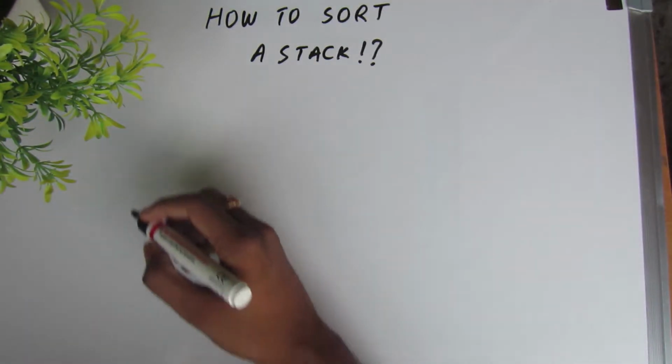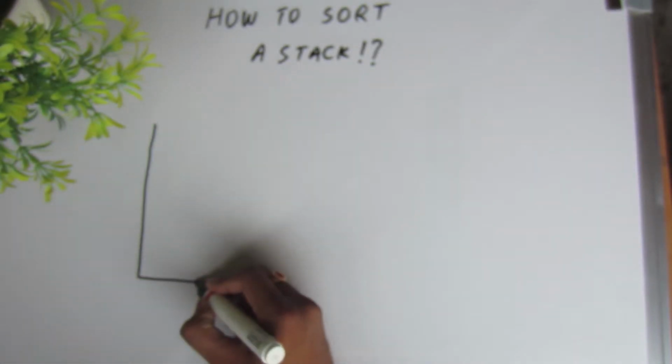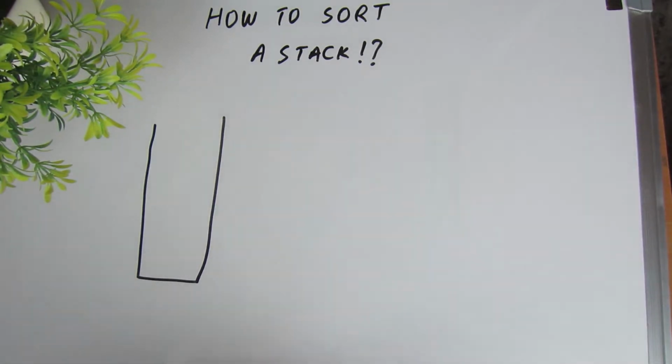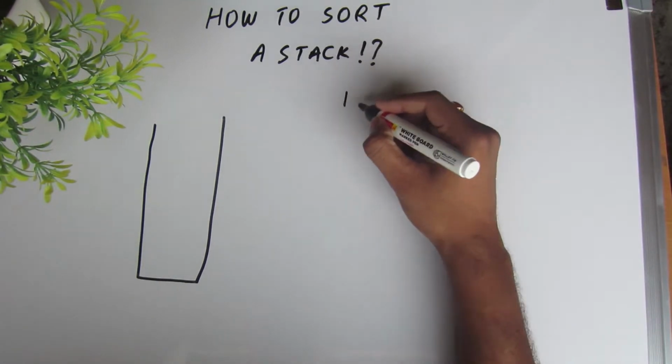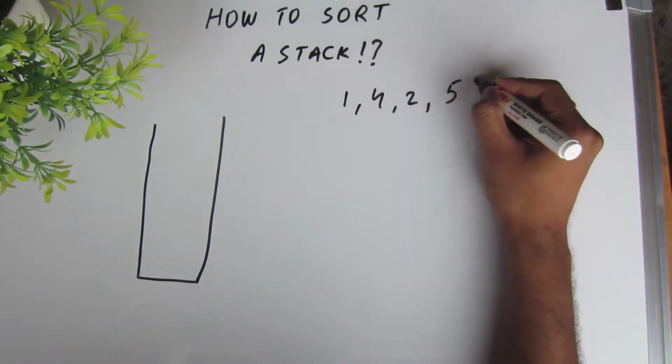Now let us take an example and see how to sort it. So we have a stack, and let's say we have an integer stack. We will try to push the integers 1, 4, 2, 5 and 3.